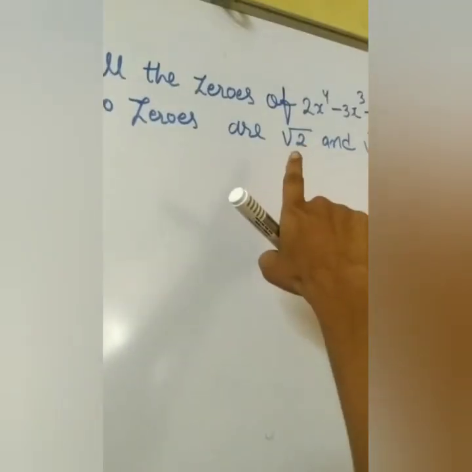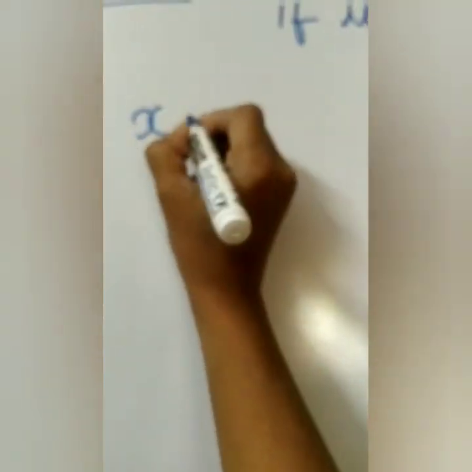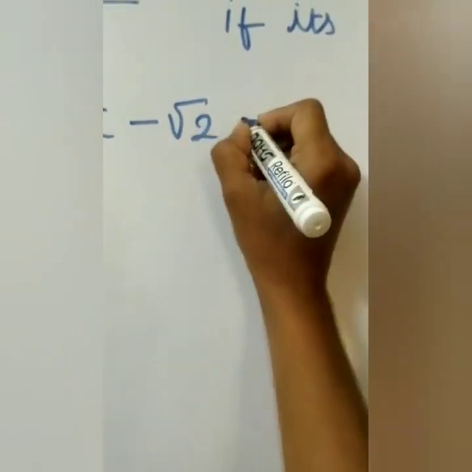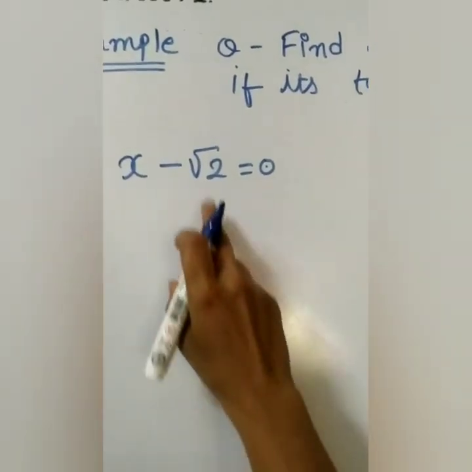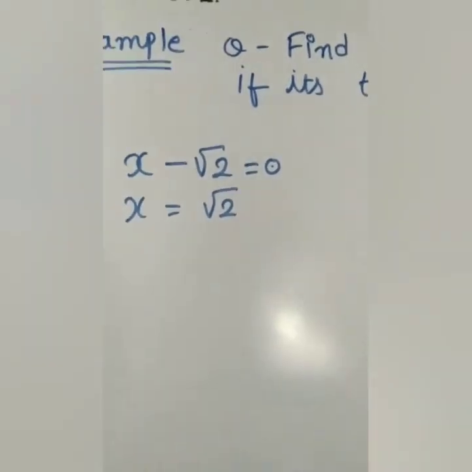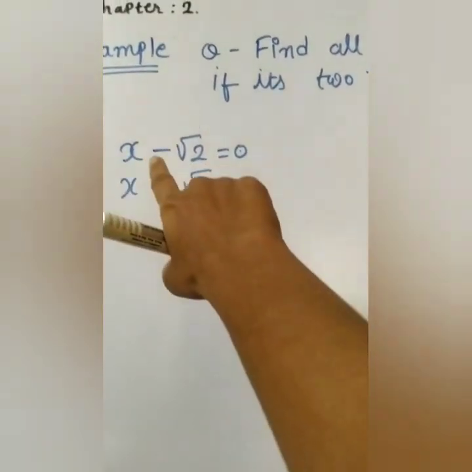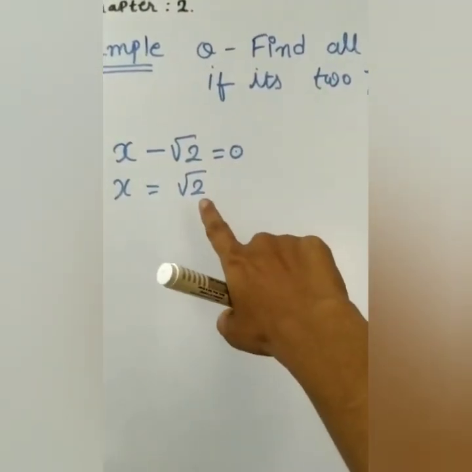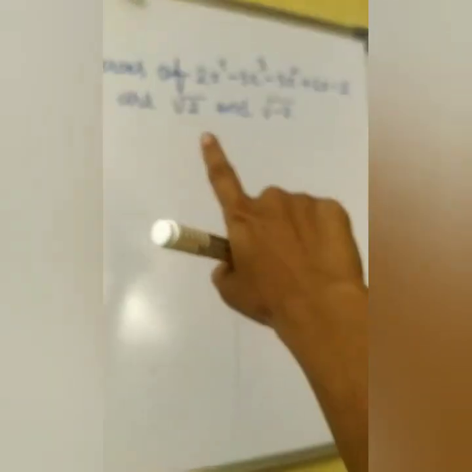If it is under root 2, when you compare this under root 2 with 0 and shift it, you get x as under root 2. When you compare it with minus, you get x as under root 2.